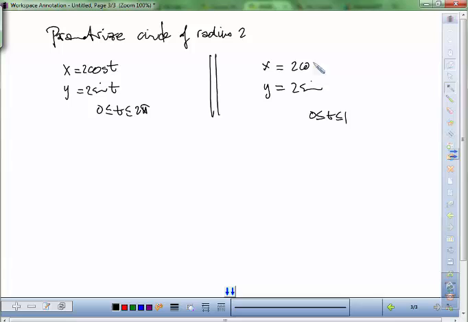Change the period. And so what did the period change to, you remember? 2 pi t. That's a 2 pi in there.